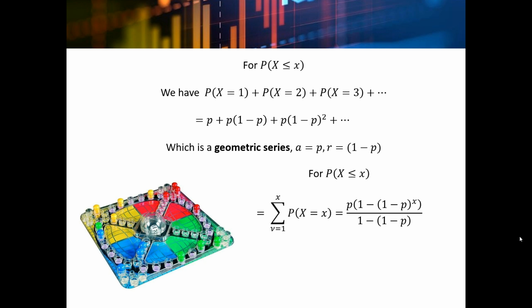So the bottom sorts itself out to p, and then those p's on the top and the bottom of the fraction cancel, and we're left with the probability that X is less than or equal to x is 1 minus the failure rate to the power of x, which maybe doesn't feel quite so intuitive, but is obvious, I think, from looking at creating the formula in the way that we have. So not always immediately obvious, but certainly verifiable using the algebra.